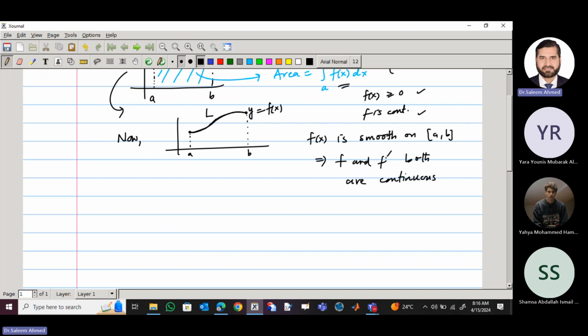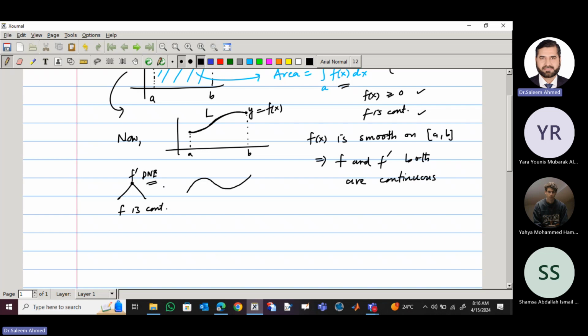Why are we saying that f prime is a continuous function? Sometimes f prime is not continuous. For example, at a corner point, f prime does not exist. f is continuous, but f prime is not continuous there. So we should not have a corner point. All the turns should be smooth. If my curve is turning, it should turn smoothly like that.